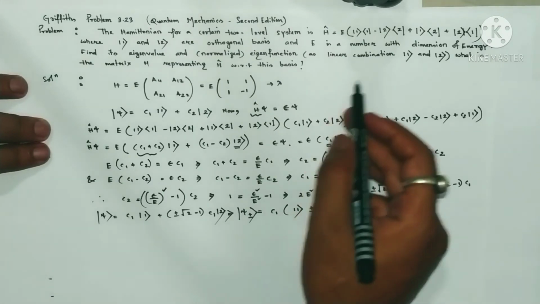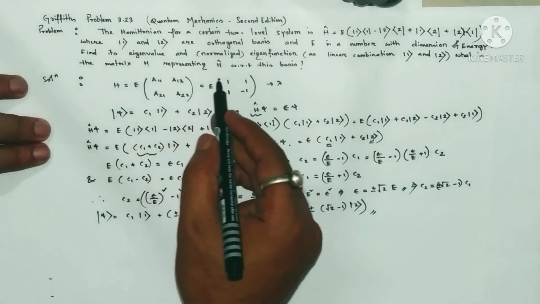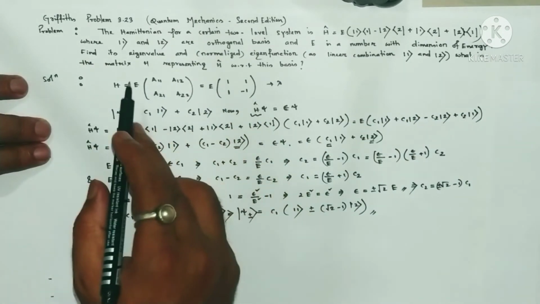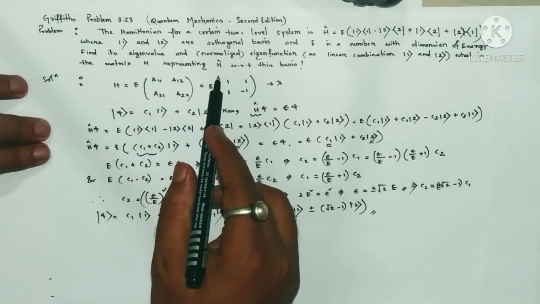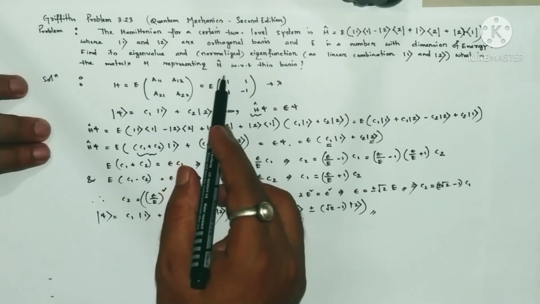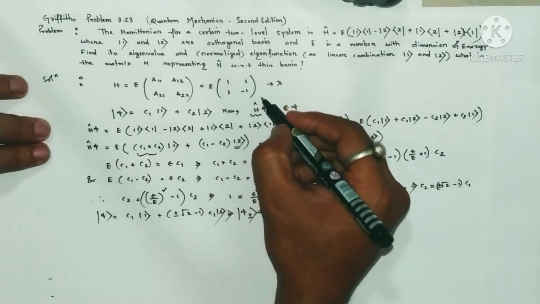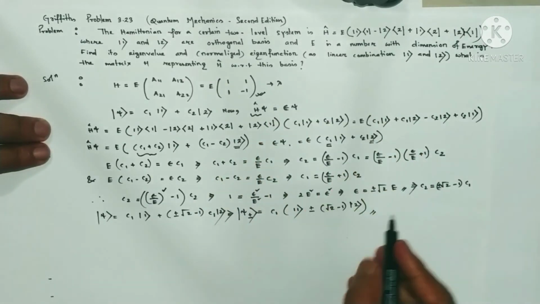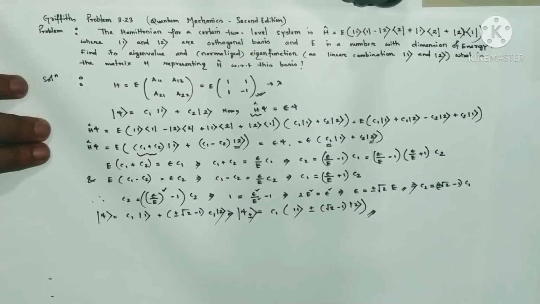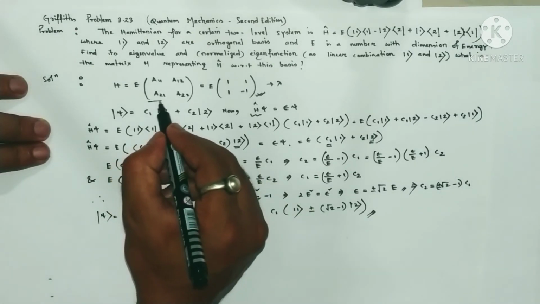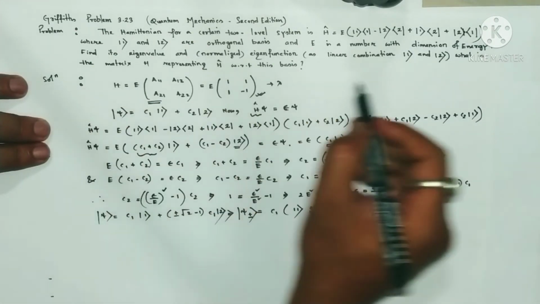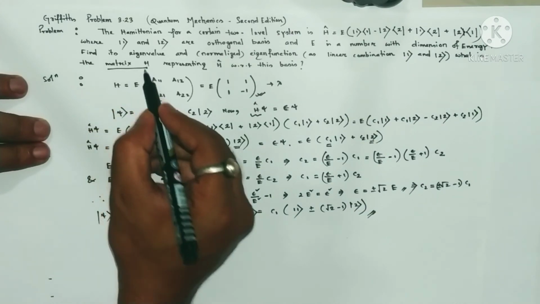And the Hamiltonian, what they have asked, what is the matrix H representing the H operator. H is a Hamiltonian operator with respect to this basis. So this is the answer of this. Find the matrix H, right?